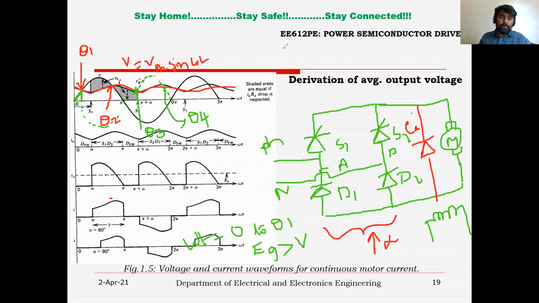So even if you apply a triggering pulse to the converter before this point theta1, power transfer is not possible because the battery has more voltage when compared to the instantaneous input voltage. So power cannot transfer from lower potential to higher potential. It will transfer only when the input has higher potential than the load, right?